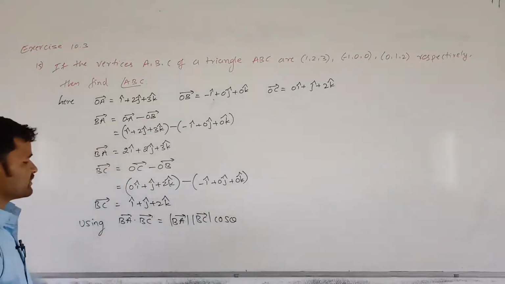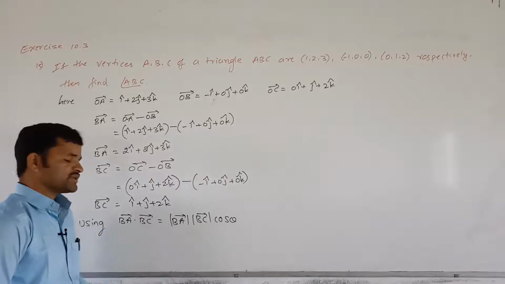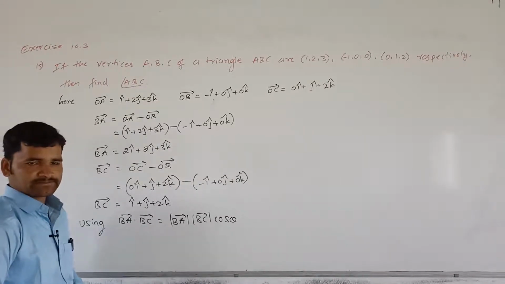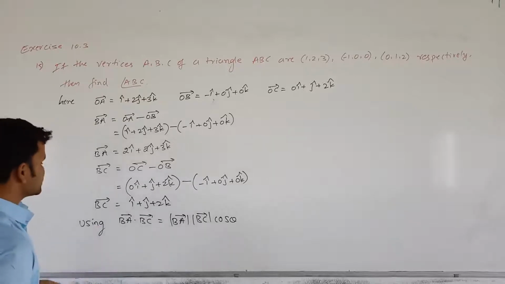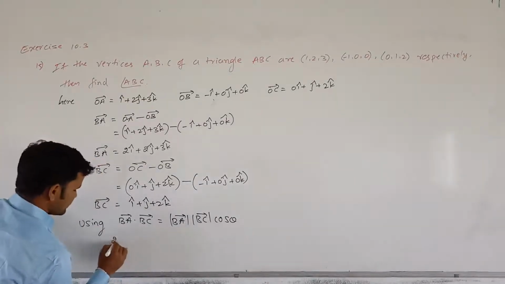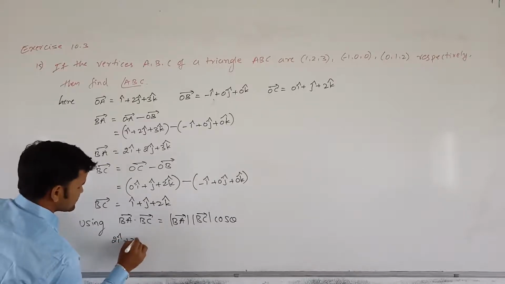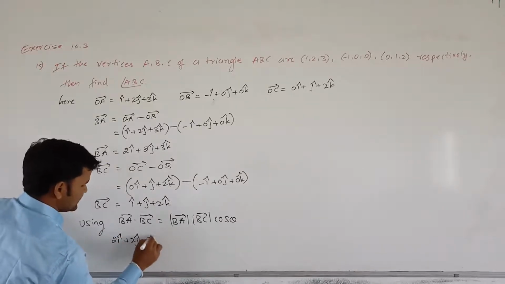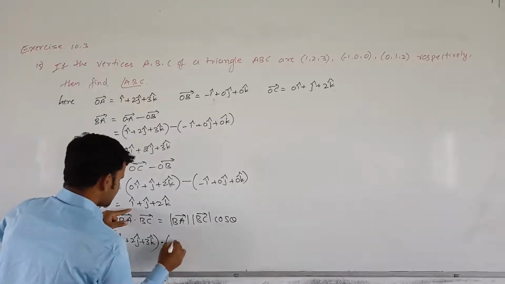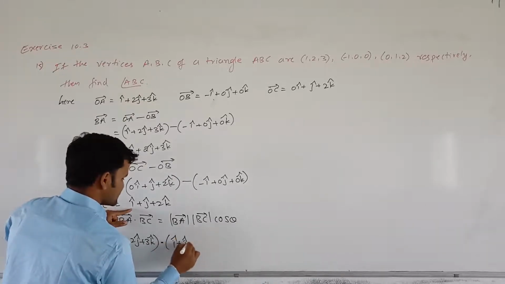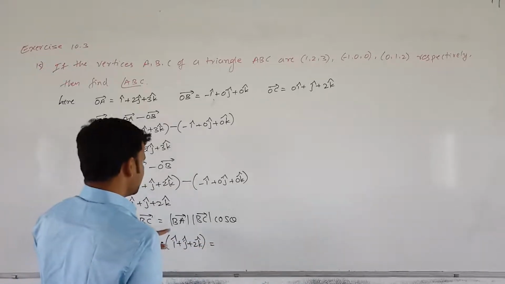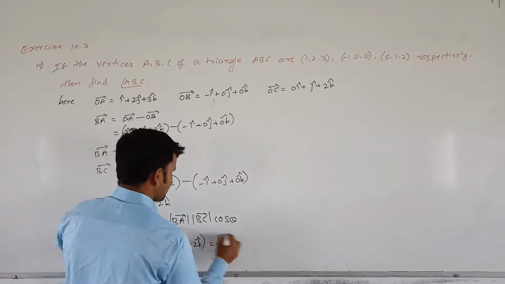Here BA dot BC we want, magnitude of vector BA we want, magnitude of vector BC we want. Let us write all those. BA is 2i plus 2j plus 3k, which is in dot product with BC, which is i plus j plus 2k, which is equal to, what is the magnitude of vector BA?